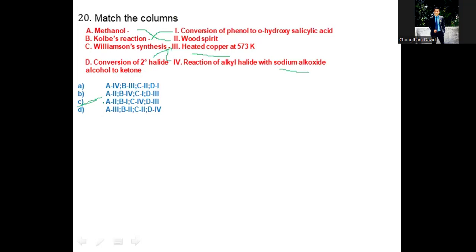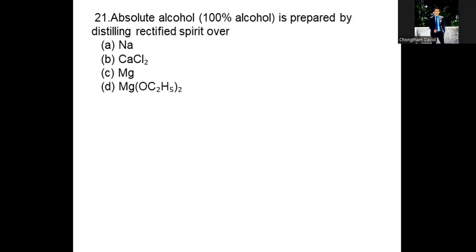Let us move to question number 21. 100% alcohol is also called absolute alcohol. It is prepared by distilling rectified spirit over. So find the correct answer.